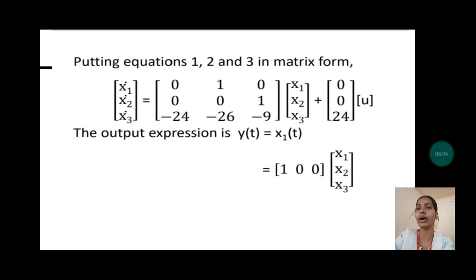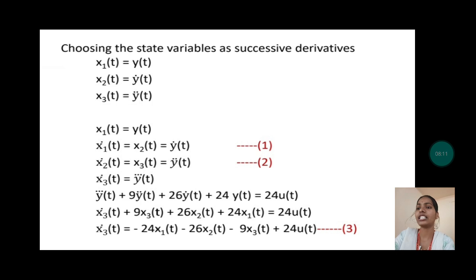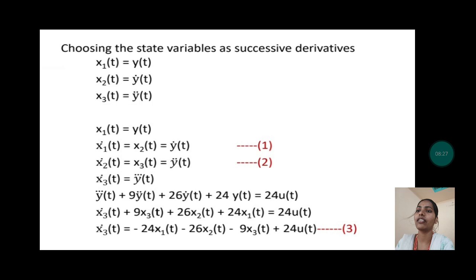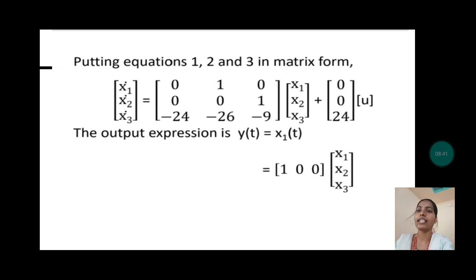Putting equations 1, 2 and 3 in matrix form. On the left side, x1 dot of t, x2 dot of t, x3 dot of t is equals to, here first two terms are fixed constants in state space analysis. So here you can see the equation 1, in x1 place, x1 dot of t is equals to x2 of t. So in x2 place we kept 1, remaining places 0.